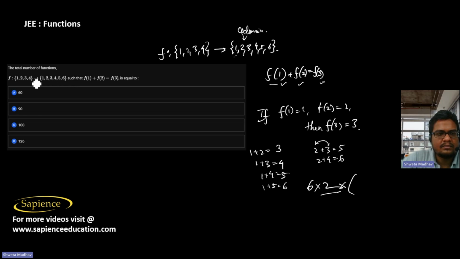For the fourth element, f of 4, that can map with any of the other elements. For the fourth element, we have 6 options. So that will be 36, 36 into 2, there will be 72 functions.